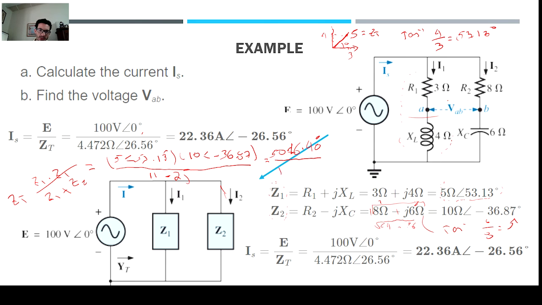Okay, so the magnitude is 11.18, and the angle is negative tangent inverse of 2 divided by, what is the resistance? 11.